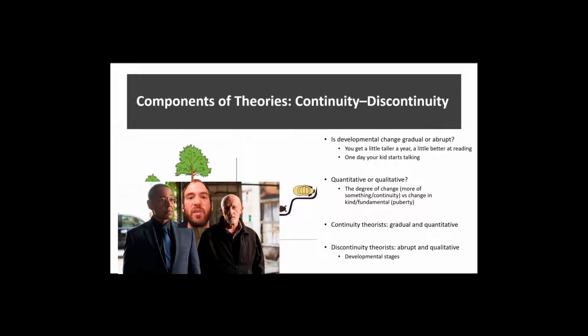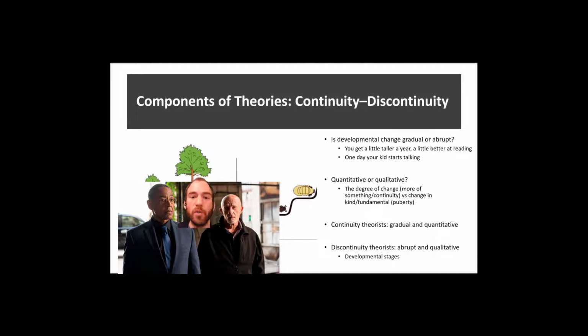Continuity and discontinuity. Is development change gradual or abrupt? Is it quantitative or qualitative? So we have gradual or abrupt. You get a little taller each year, a little better at reading. Or one day your kid starts talking. Quantitative, the degree of change, versus qualitative, the change in kind, slash fundamental. And you can see this to your left.